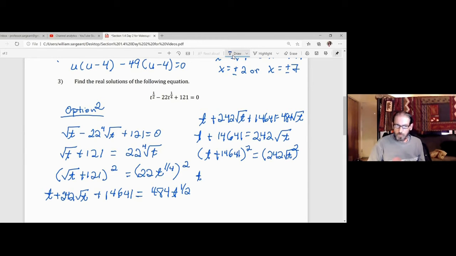It's going to give me t squared plus 2 times t times 14,641, which is 29,282 t. Then we've got to square the 14,641.